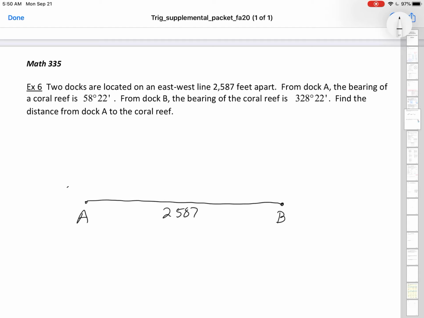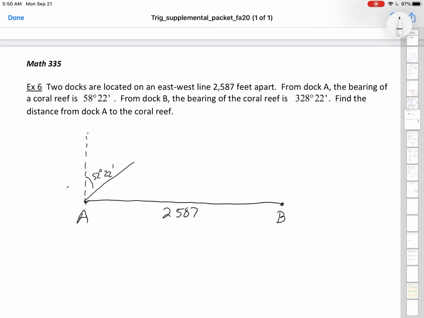From dock A, the bearing of the coral reef is 58 degrees 22 minutes. A bearing is measured off of the straight north-south line, and we're looking in that direction for a coral reef.